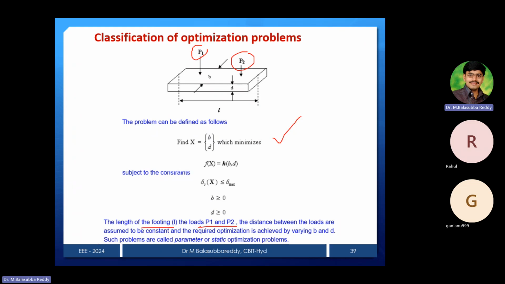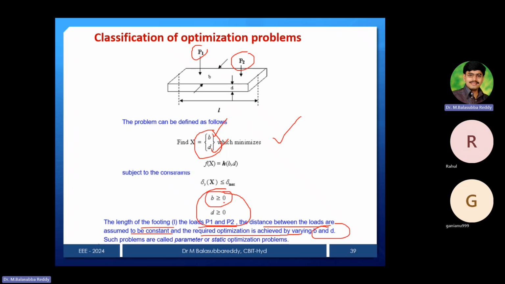The total footing length is L, and the loads are P1 and P2. The distance between the loads is assumed constant, and the optimization is achieved by variables B and D. So you have to find the optimal values of B and D such that the weight is minimum. While calculating B and D, it has to satisfy these constraints also. What is a constraint?